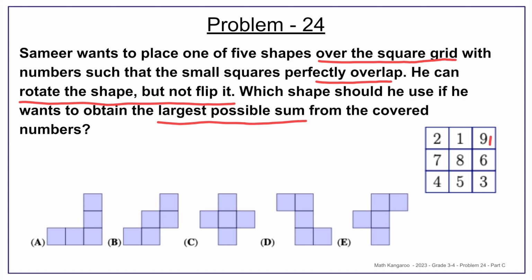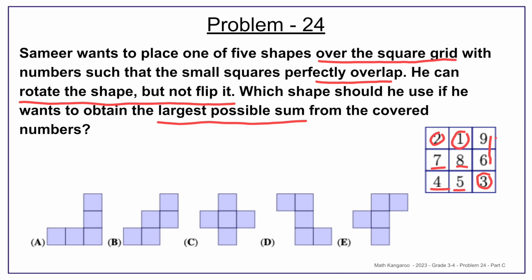So we have 9, 6, 8, 7, 5 or 4. The smallest are 1, 2, 3. So if any shape covers these numbers, that means it cannot be the largest possible sum here. So we have different methods.